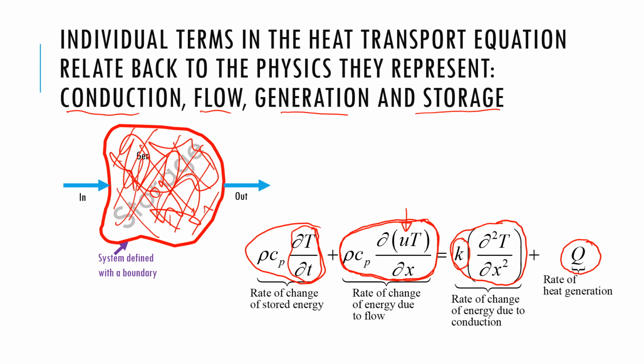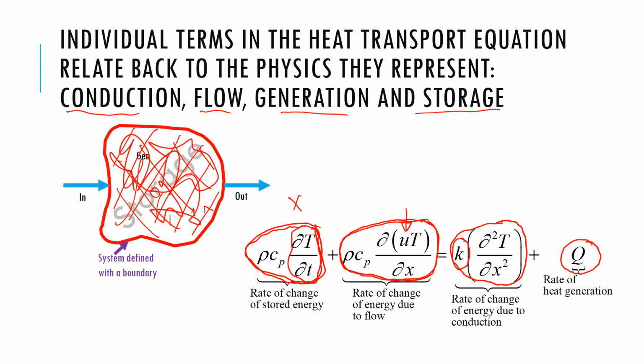So if we look at this equation, do I need all of these terms all the time? By God, no. So we need this term if temperature is changing with time. It's an unsteady process. Otherwise, we don't need this term.